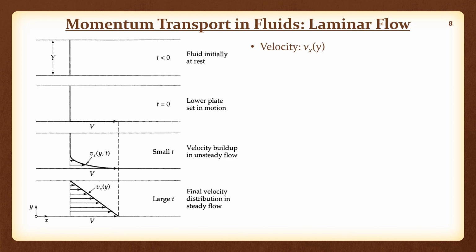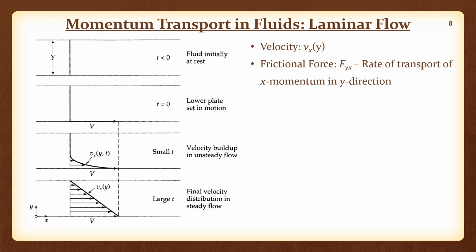So as I was just saying, the x velocity is a function of the y position of the fluid particles, and the frictional force is Fyx, that is the rate of transport of momentum in the y direction by molecular momentum transport. That momentum is coming from the x momentum that the fluid particle has, with which it is moving in the x direction.